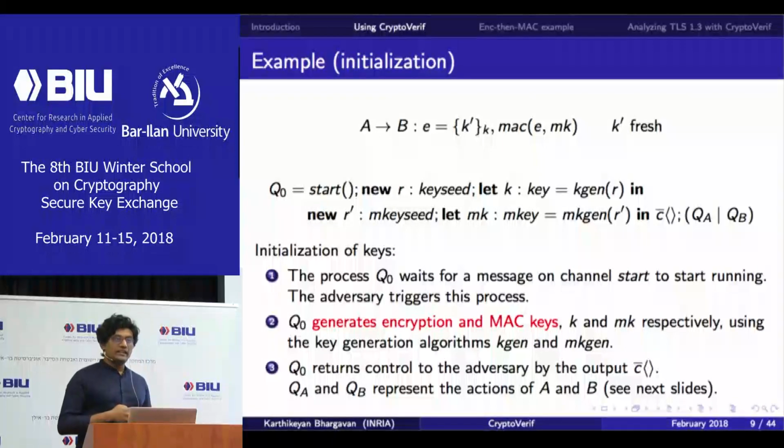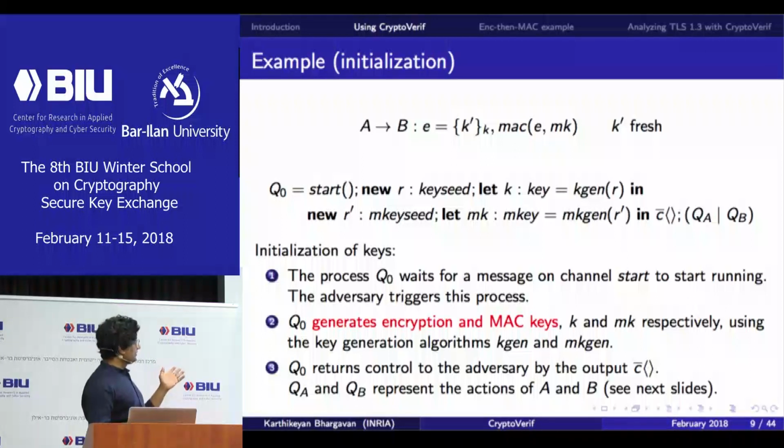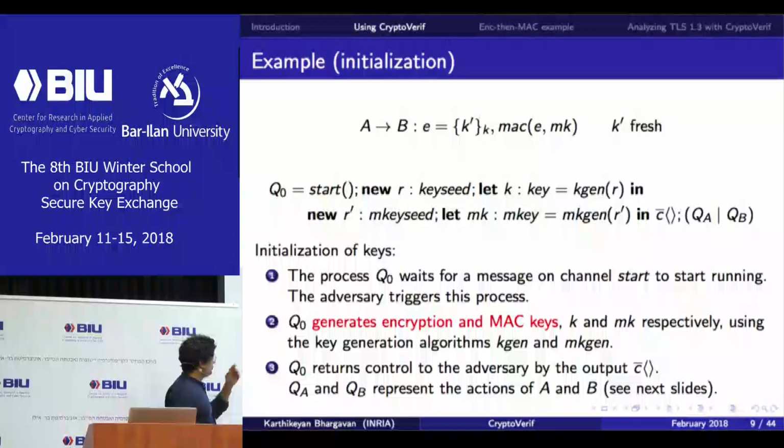So how do I model this in CryptoVerif? I can write the processes for A and B and the setup processes, much like in ProVerif, but now I will be a little bit more careful on how I'm generating keys and so on. So this is the setup process, Q0.